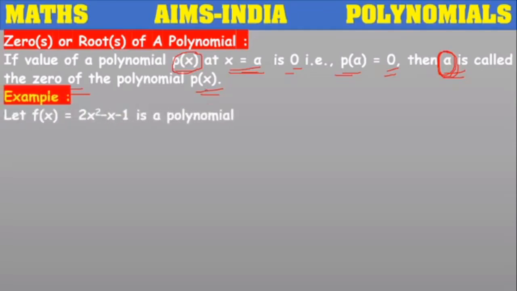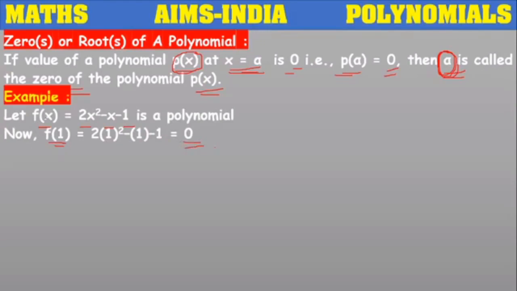So let's see one example. Here they have given one polynomial f of x, which is defined as 2x square minus x minus 1. If you place 1 here, f of 1, what happens? 2 times 1 square minus 1, minus 1. Ultimately, the value will become 0.